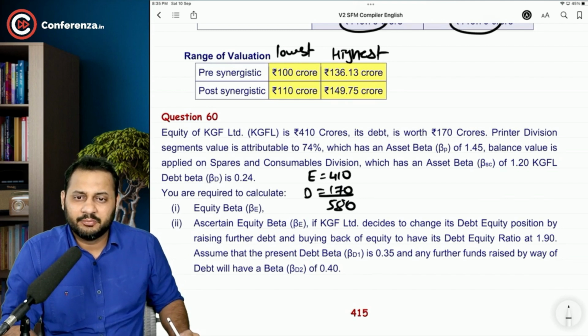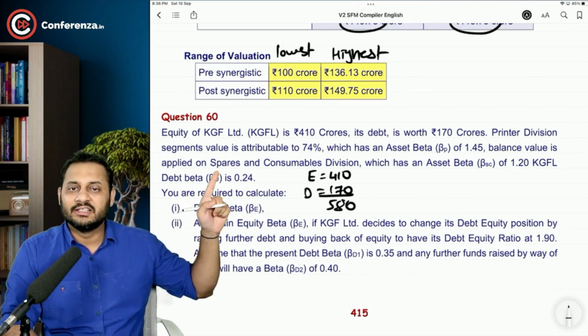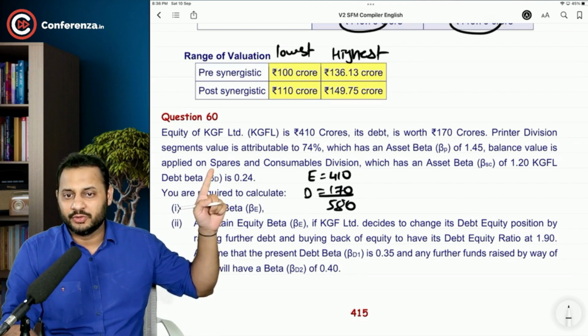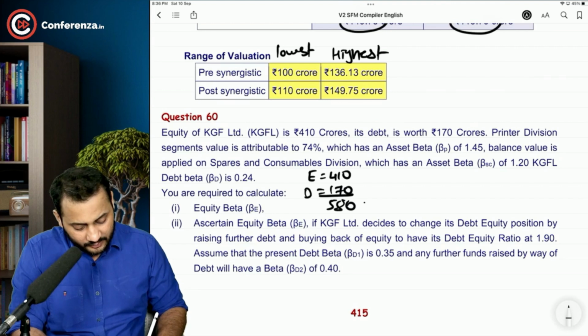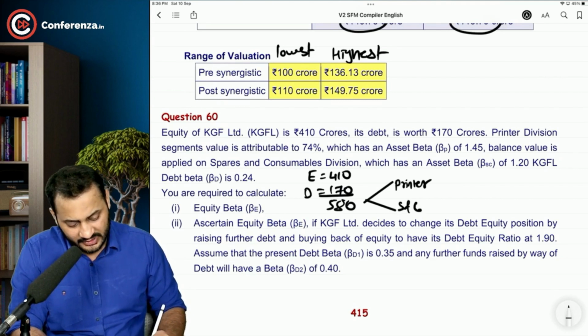Printer division segment's value is attributable to 74%, which has an asset beta of 1.45. Balance value is applied on spares and consumable division, which has an asset beta of 1.20. Now, this entire company has 2 divisions. This is printer division, this is spares and consumable division.